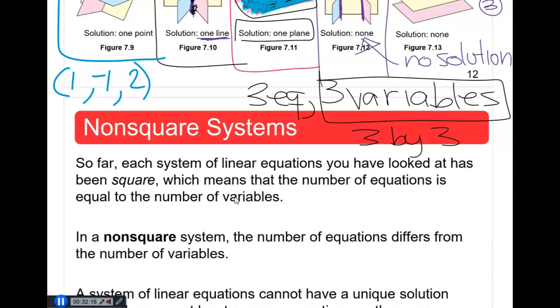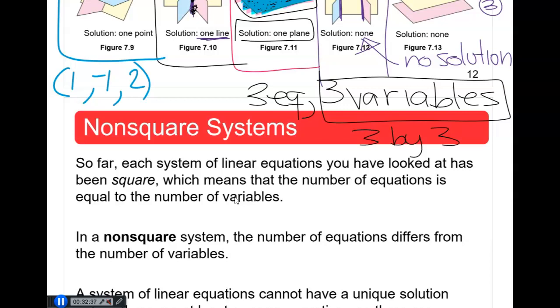So what happens if you have fewer than 3 equations and you have 3 unknown variables? Then you cannot solve the system fully and get numerical solutions for all 3 variables. But you could solve them in some way that one is written in terms of the other.